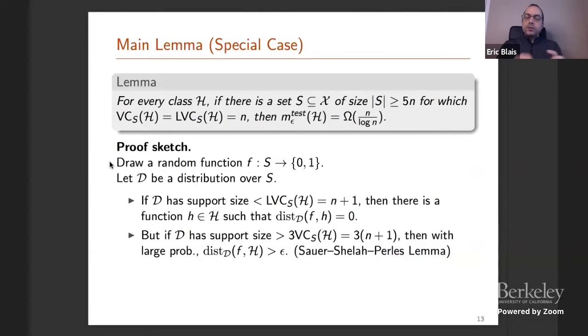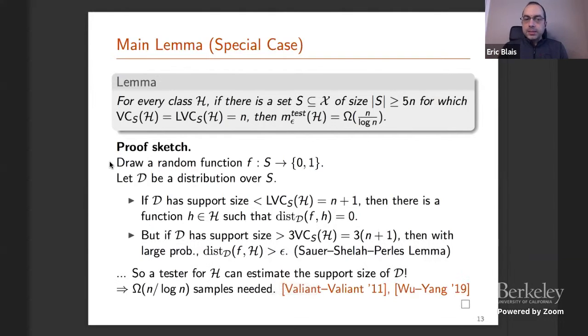On the other hand, if you take D to have large support size, with a lot of mass on much more than n points, then our intuition is confirmed by the standard Sauer-Shelah lemma: as long as I have many more points than my VC dimension, the probability that I happen to be close to some function in my class is extremely small.